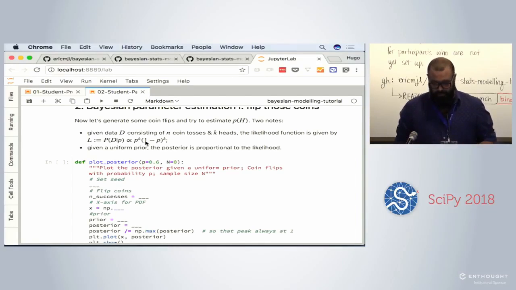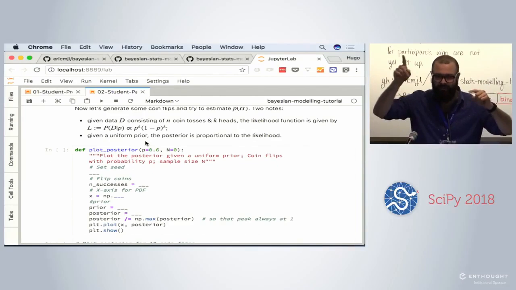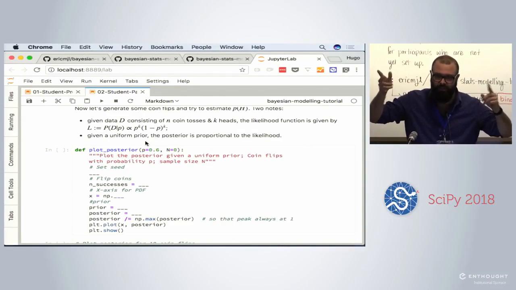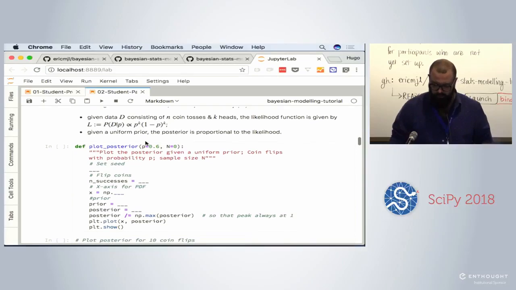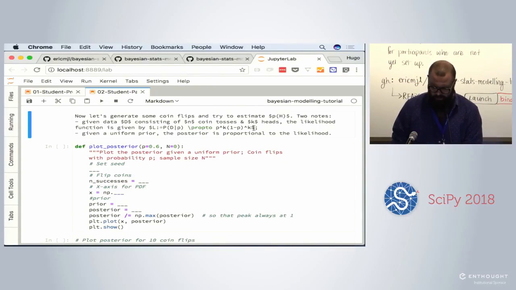So the probability of seeing K heads given a probability P is proportional to some binomial factor, n choose K, and so the likelihood will be proportional to the probability to the power of K. So this is the probability, given n tosses, of seeing K heads, times 1 minus P to the power of n minus K. I'm just trying to figure out which one I want to do because it will affect the code I write.